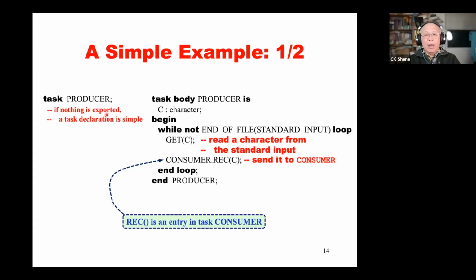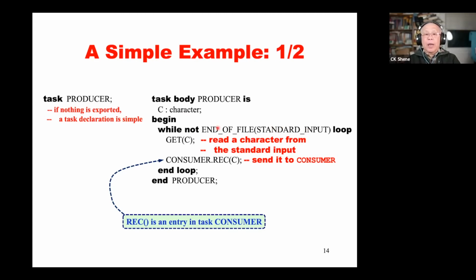We have the task producer, because it does not export anything. So it's just task producer. The task body of producer has one single variable with type characters. While not in the end of file of standard input, Ada also uses stdin.